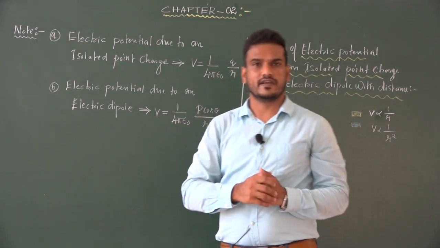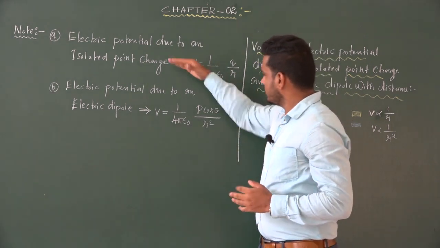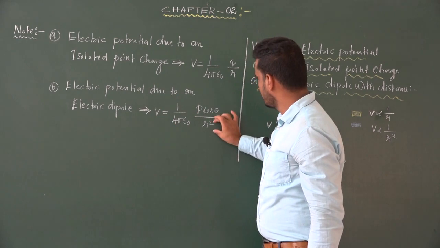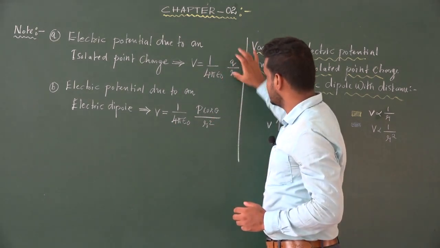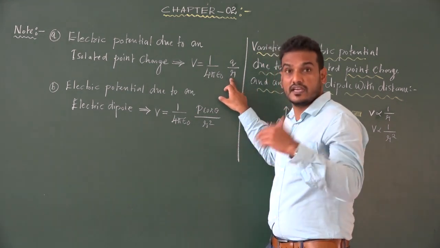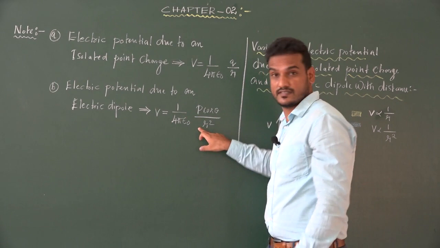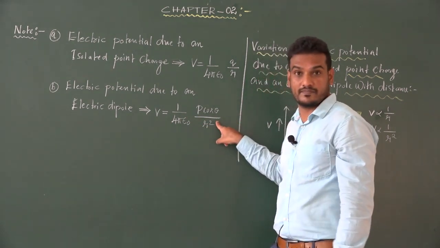So what is the difference? One thing you can notice, in both cases the electric potential depends on distance. In case of an isolated point charge, it varies inversely with the distance. In the dipole case it also varies inversely with the distance, but the square is there.